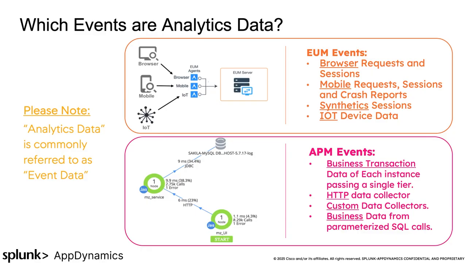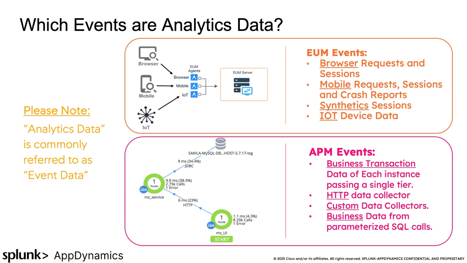It's very important to remember that not all events happening in the controller are considered event data or analytics data. Largely, what those refer to are metrics being sent to the event service cluster with the purpose and intention of using them for analytics. Now, looking at those types of events from the front end, you have events associated with browser, mobile, synthetics, and IoT.